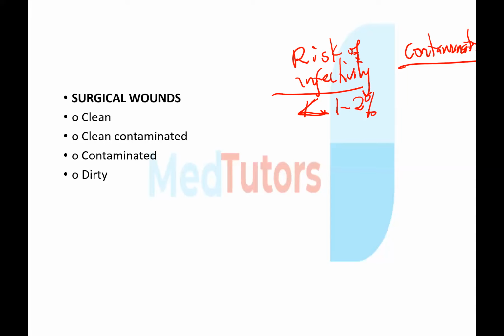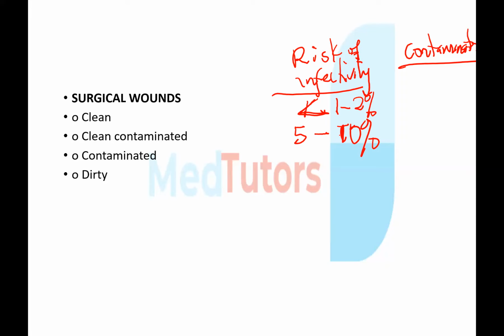When it is clean contaminated, the infection rate is 5 to 10%. If a superficial contaminated wound presents to you, you don't suture primarily. You commence dressing with antiseptic or antimicrobial agents. Why do you dress?